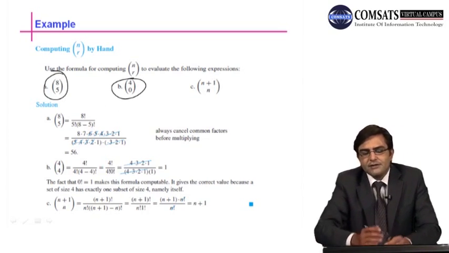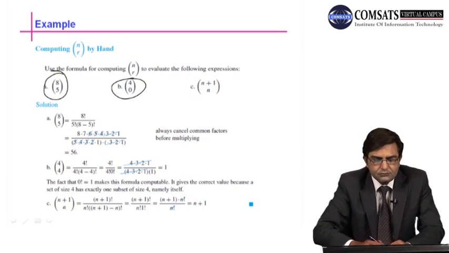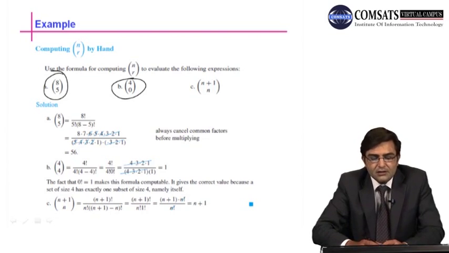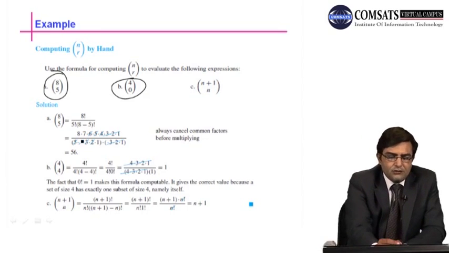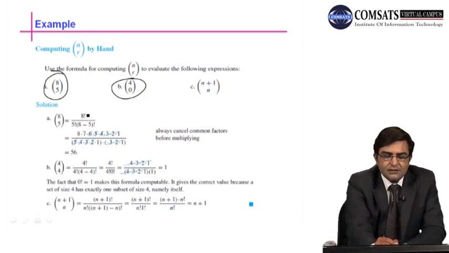We have to calculate just to show you how we simplify such types of factorial expressions. We can write 8C5 as 8 factorial over 5 factorial times (8 minus 5) whole factorial. So this is equal to 8 factorial divided by 5 factorial times 3 factorial.